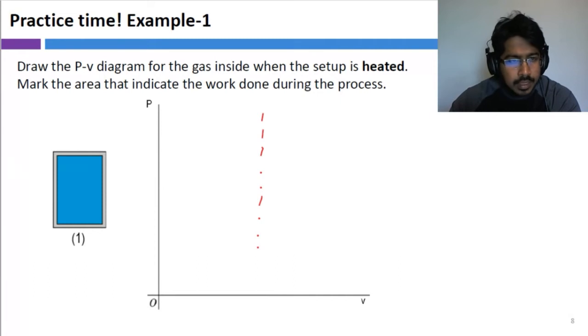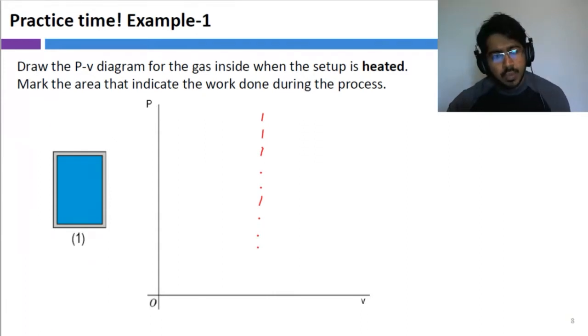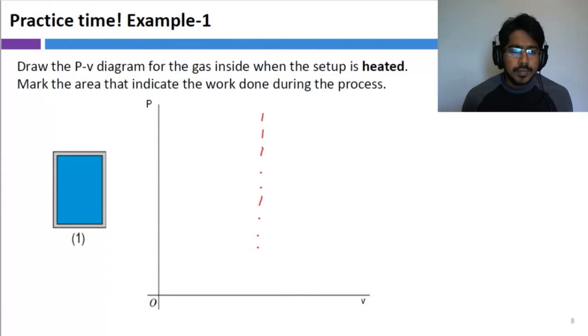And then it says we heat it up, we heat the setup. So when we heat the setup, then what does that mean? We increase the temperature of the process, right? When the volume is constrained and we increase the temperature, the substance tries to expand.